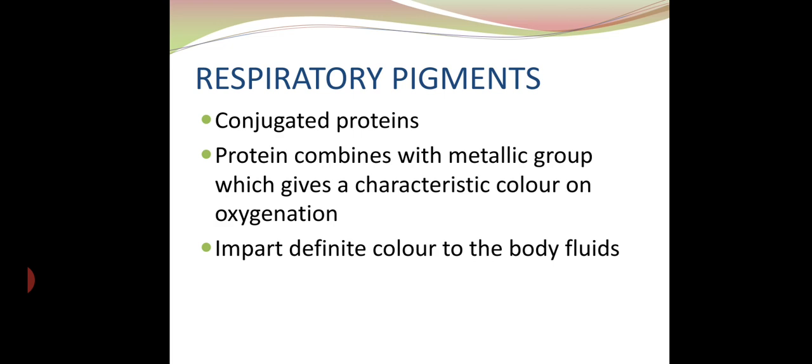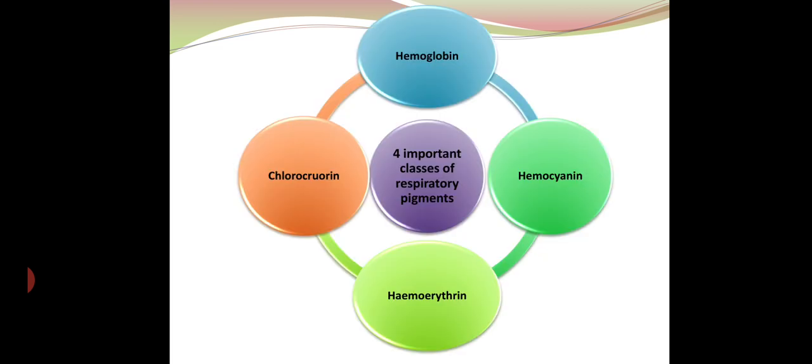It imparts definite color to the body fluids. They consist of a protein coupled with a non-protein component, that is the prosthetic group. The prosthetic group is a metal, usually iron or copper.